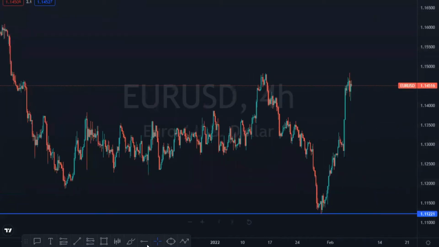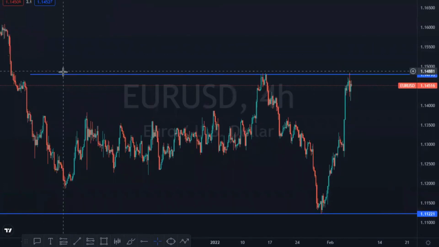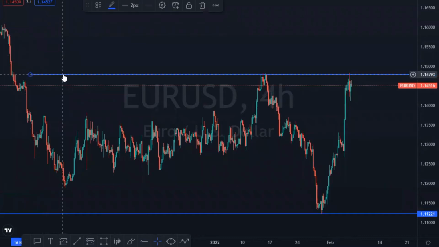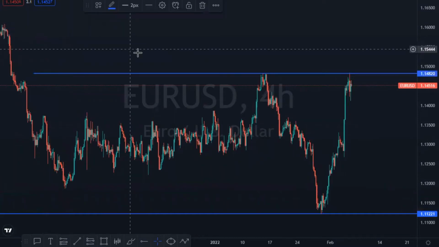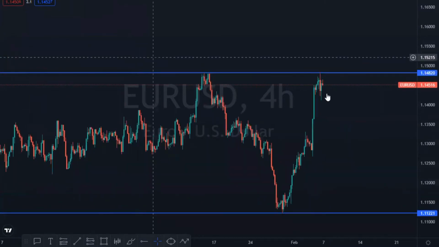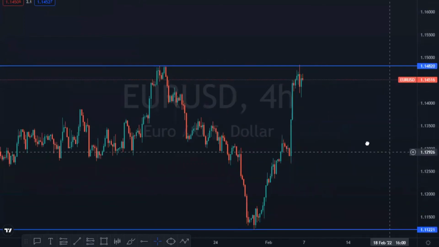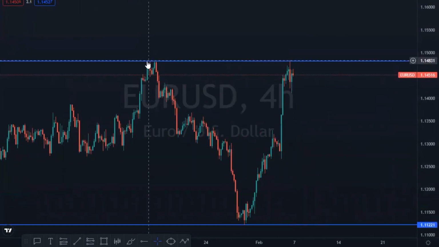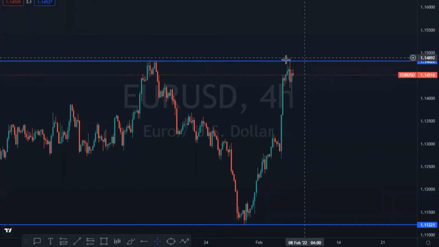Coming down to the 4 hour, I can see that this has been a resistance for me. Because this has been a resistance, we are having a double top. The reason I'm saying that is because we are having equal highs.